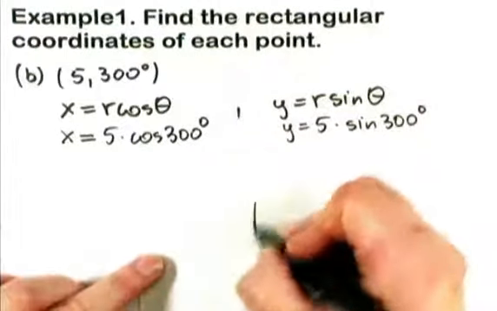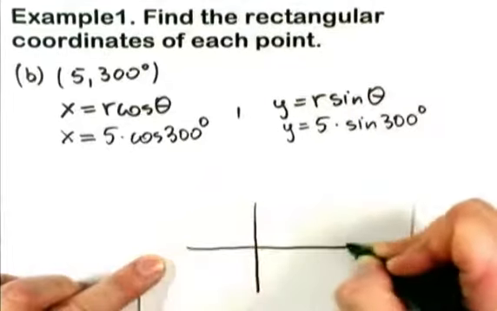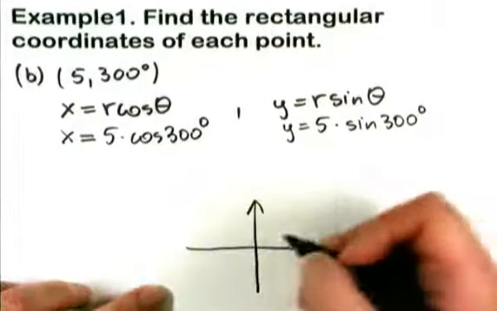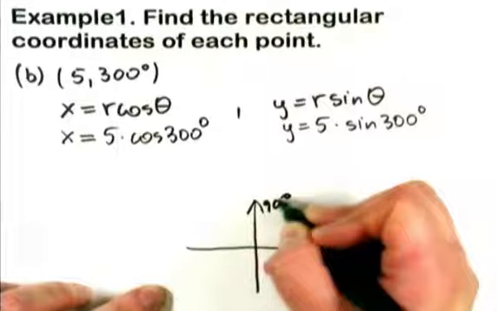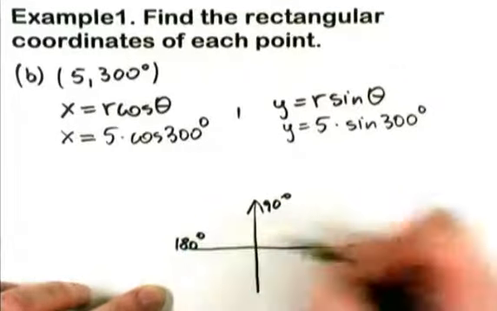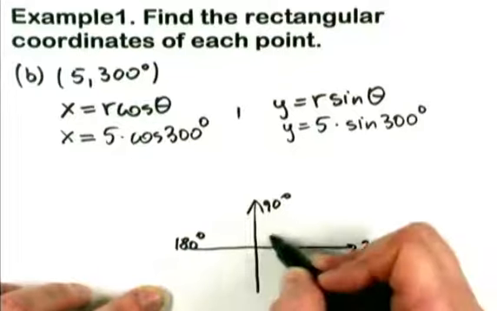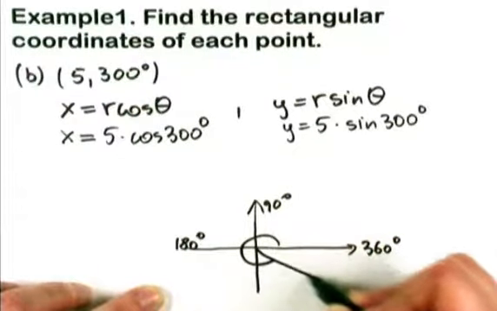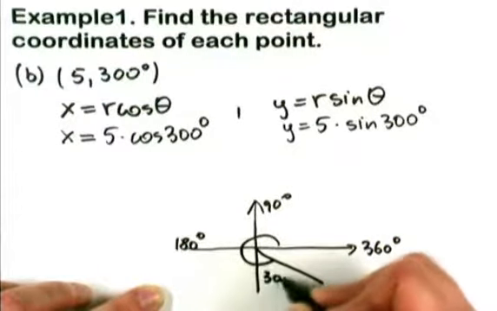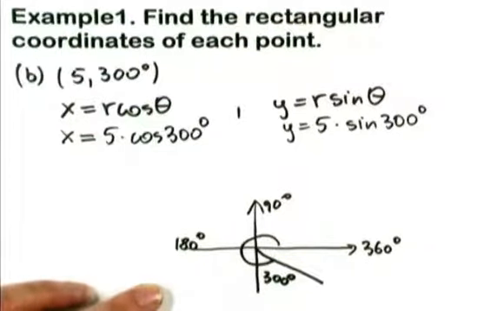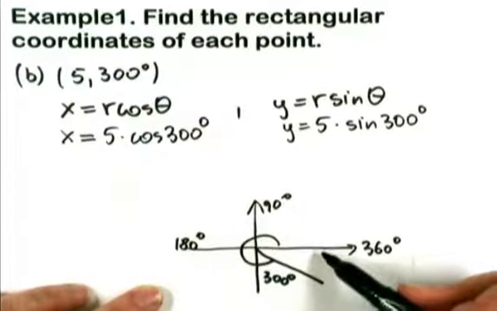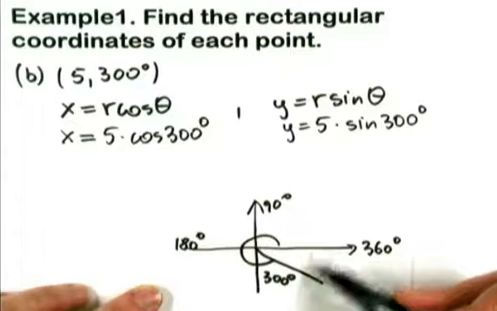So how did we find this one? 300. So here is 90 degrees, 180 degrees, here's 360 degrees. So where are we? We are right here at the 300 angle. So what is the reference angle? The reference angle is between the x-axis and the terminal arm, a positive reference angle.